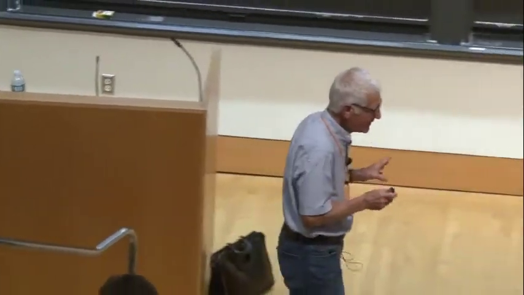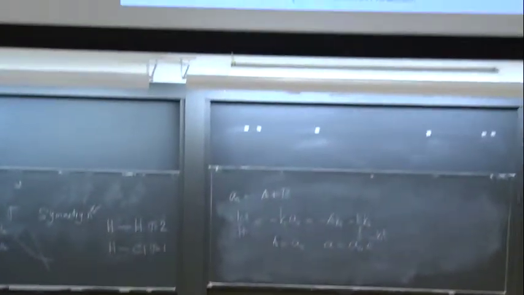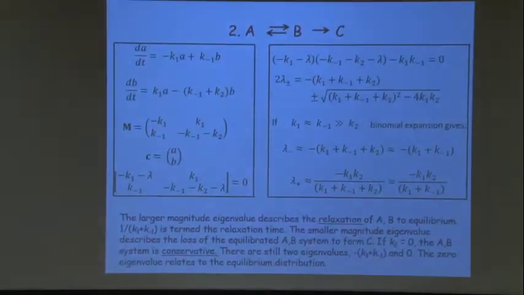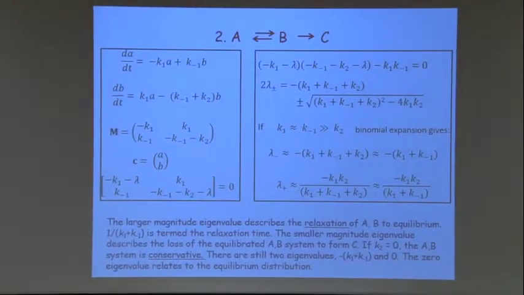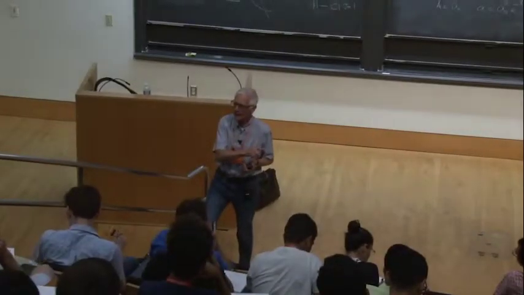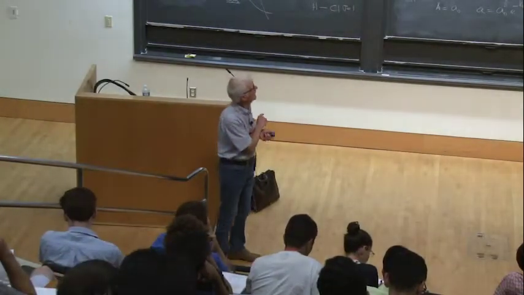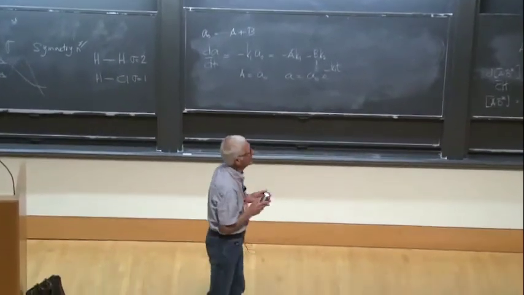Okay, let's have a look at another example. And the change here is that we've made this first reaction reversible. So A reacts to form B, which can come back out to form A. And apart from the fact that it's nonlinear, this is that sort of process here.